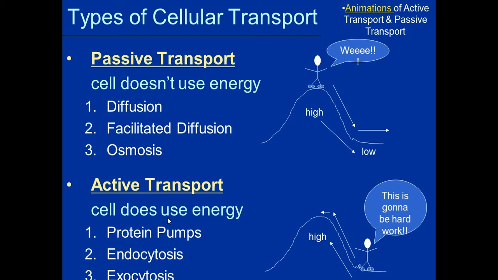There are three ways that you can use energy to move things through the cell membrane, either by protein pumps, endocytosis, or exocytosis. Think about this figure over here. It's going to require a lot of energy for him to climb this hill, especially with those roller skates on. So think of active transport as the molecules going from areas of low concentration up to high concentration.